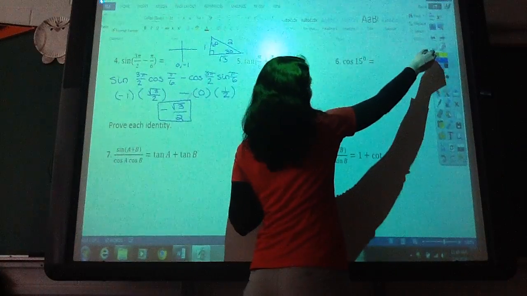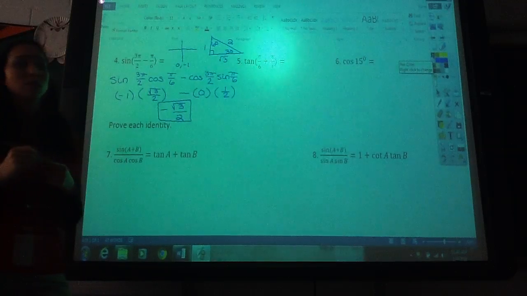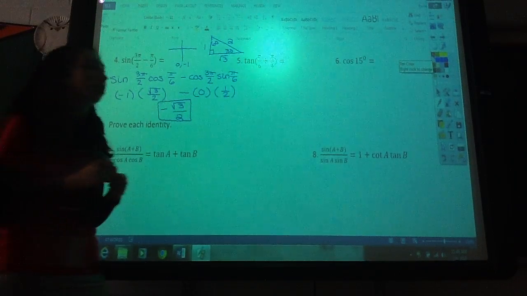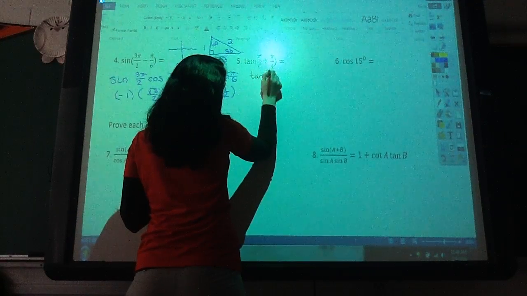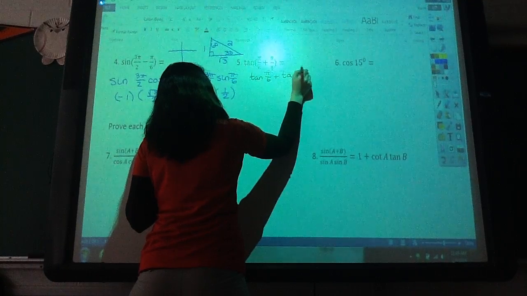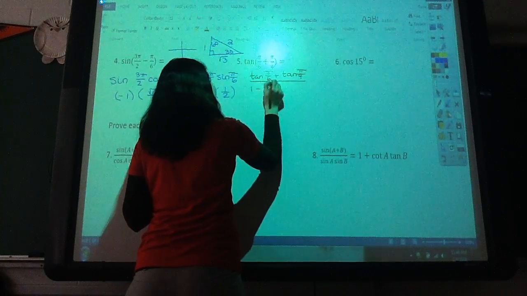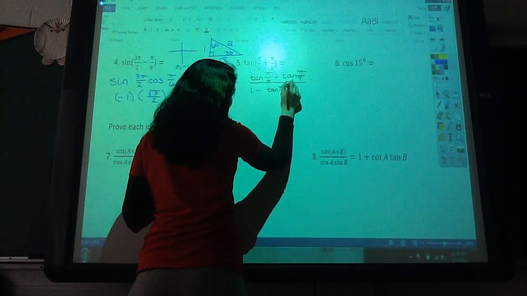Tangent of pi over 6 plus pi over 4. What does that look like? All over 1 minus tangent pi over 6 times tangent pi over 4.